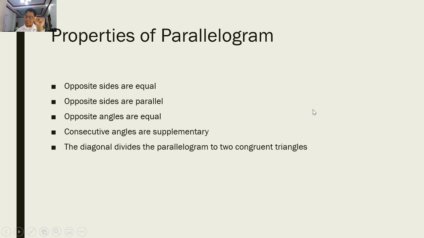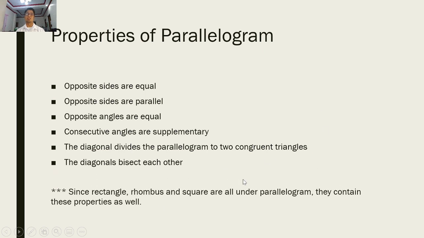Pagka nag-drawing ka ng isang diagonal, nung nahati siya, yung dalawang triangle na nabuo, congruent siya. The same shape, the same size. And last but not the least, number 6, the diagonals bisect each other. Now, since rectangle, rhombus, and square are all under parallelogram, they contain these properties as well.